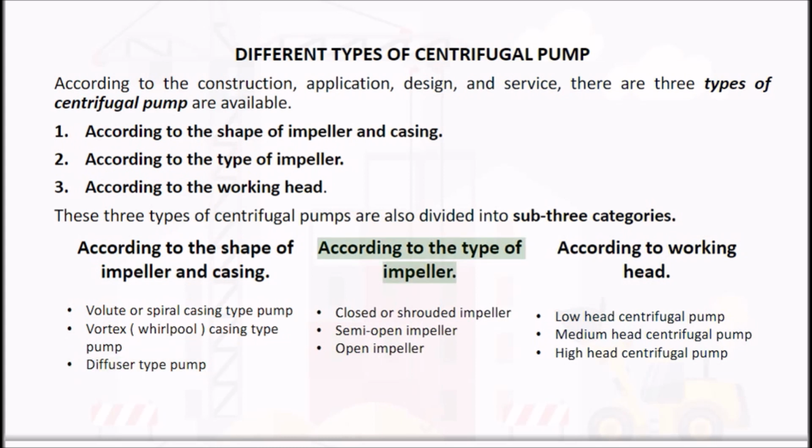According to the type of impeller: closed or shrouded impeller, semi-open impeller, open impeller. According to working head: low head centrifugal pump, medium head centrifugal pump, high head centrifugal pump.